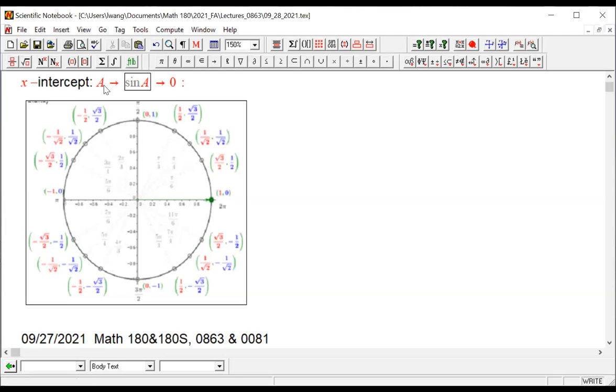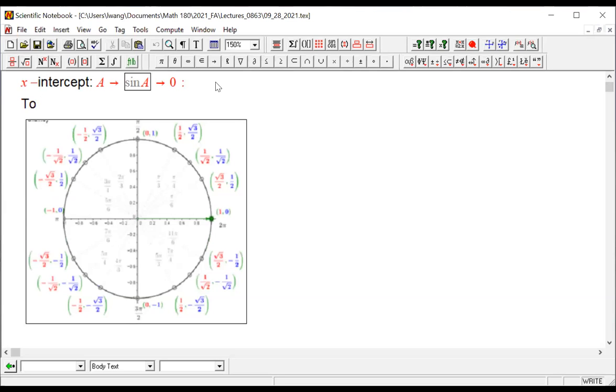We want to identify, okay, so to find x-intercept, maybe plural.